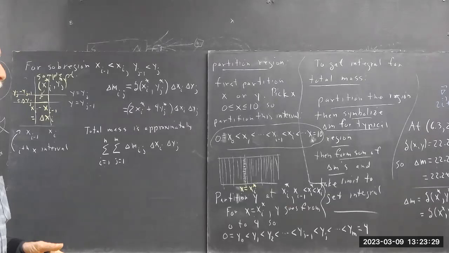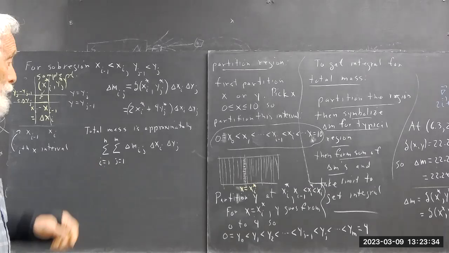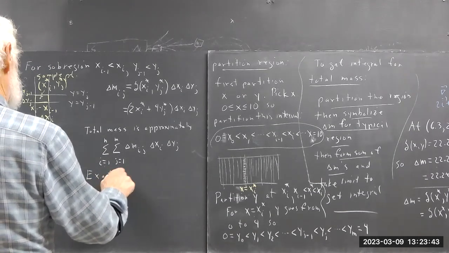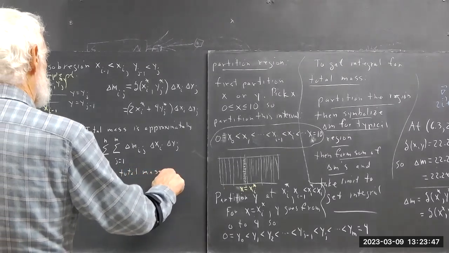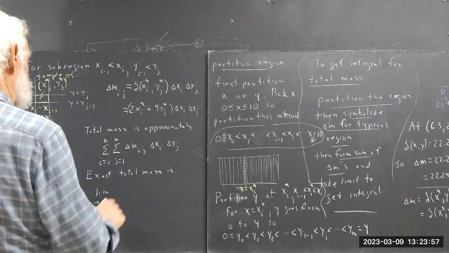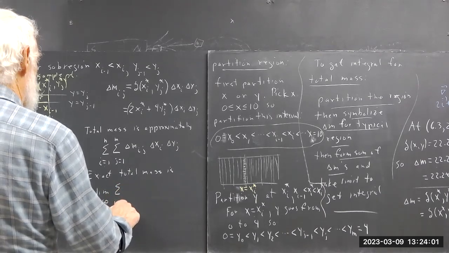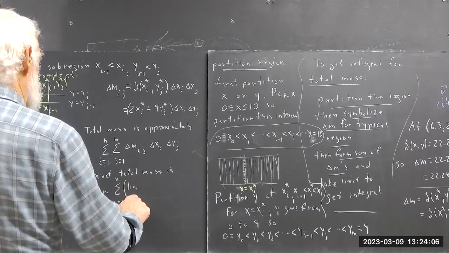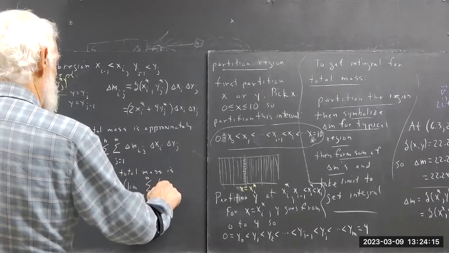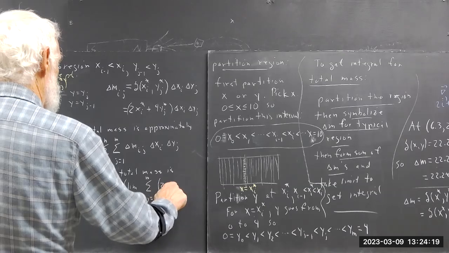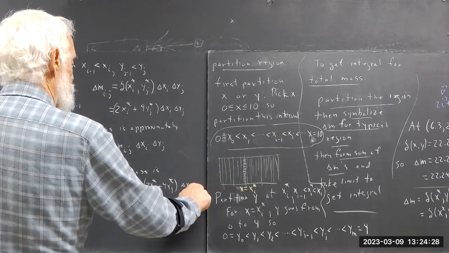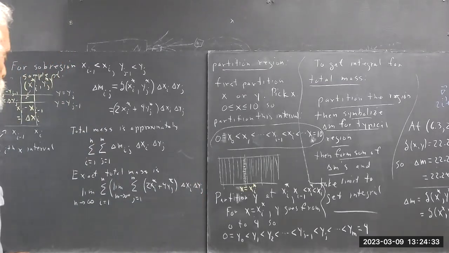I'm going to say that as long as both x and y get tiny, this is going to work. And we get this limit.